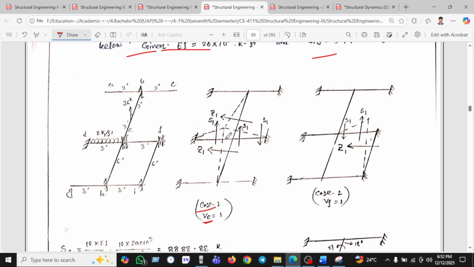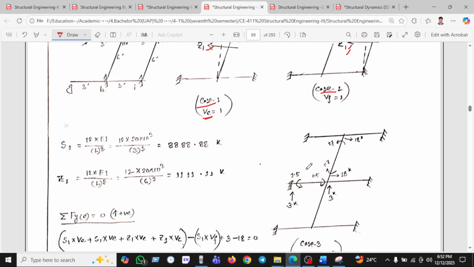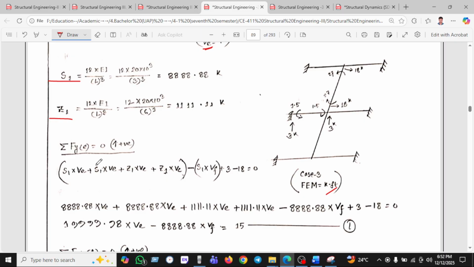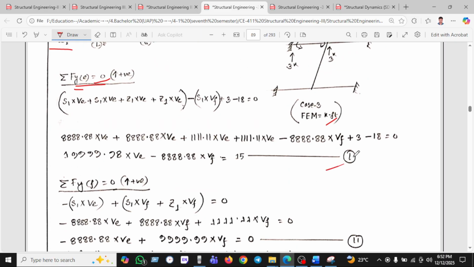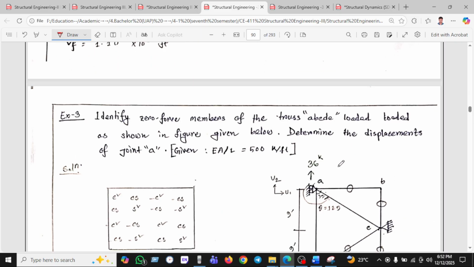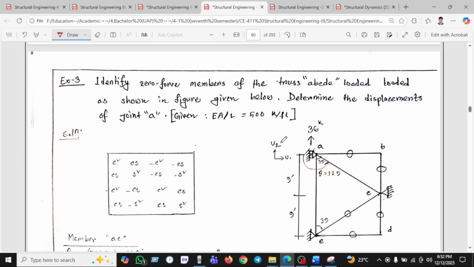We have been using the shear, which is S1 and Z1, and case 2 has been seen here, using S1 here, Z1 here, and S1 here. Then case 3 is the fixed end moment, and after putting all these values, we have been finding S1, Z1, and we take the summation of Fy, finding this equation, and we take the summation of Fy at F, and also find another equation.